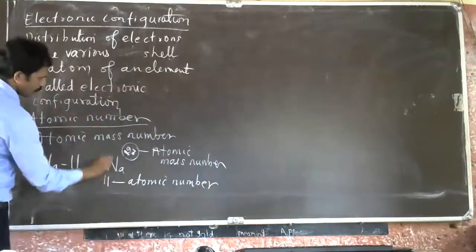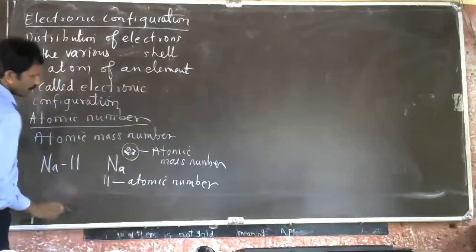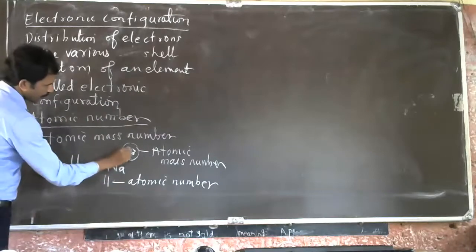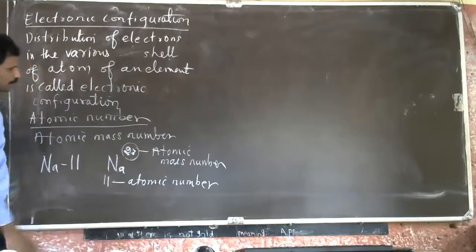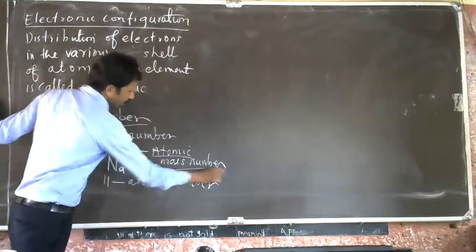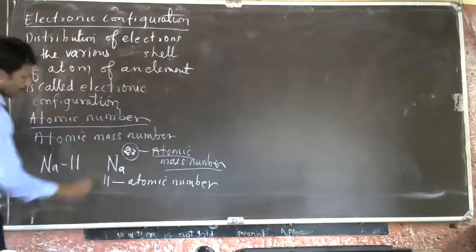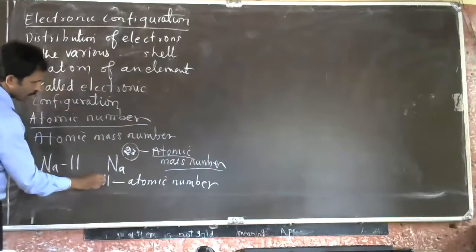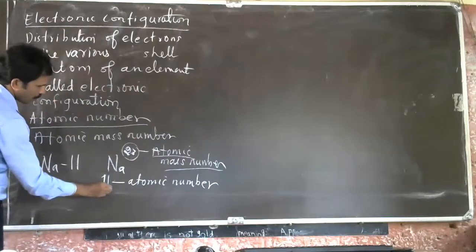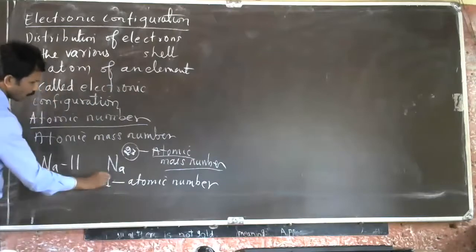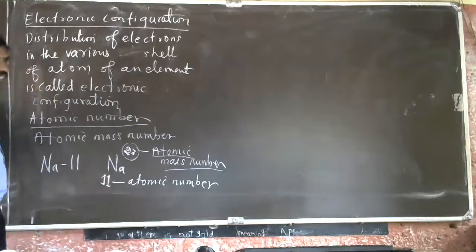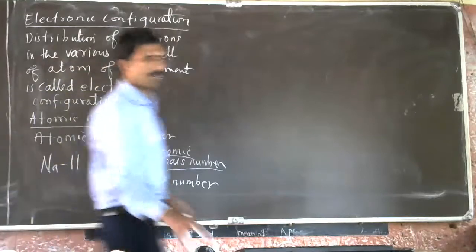The symbol of sodium is Na. Its atomic mass number is 23 and atomic number is 11. Atomic number means the number of protons or electrons present in an atom of an element.